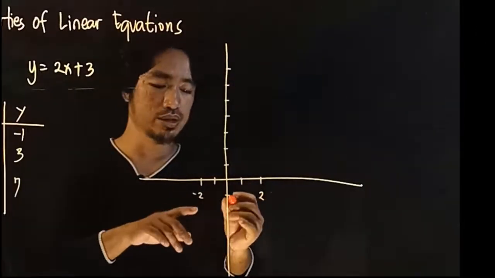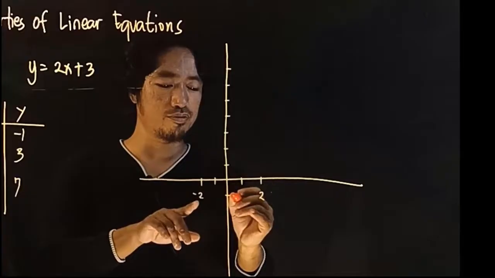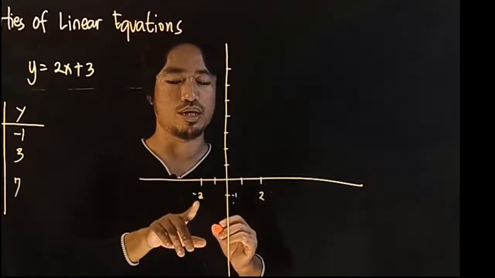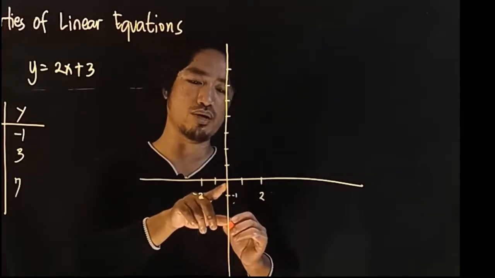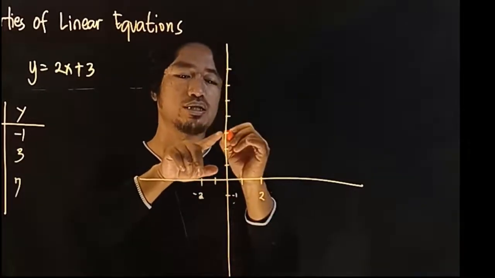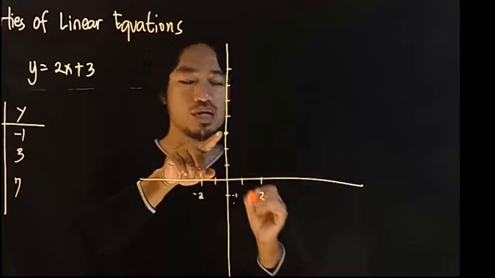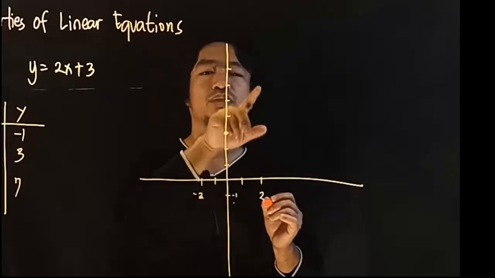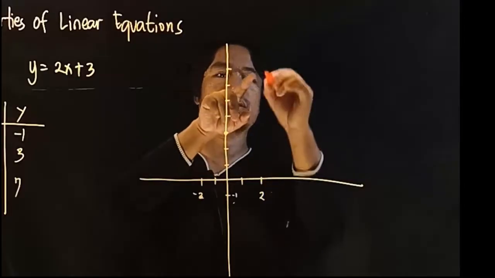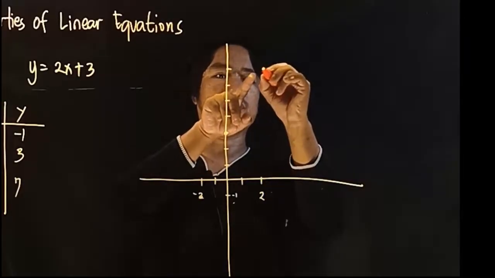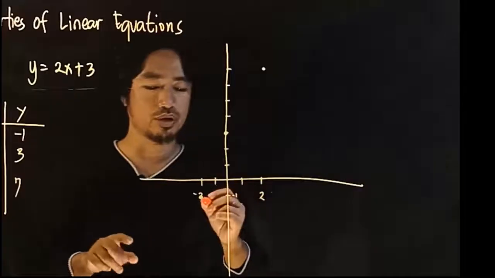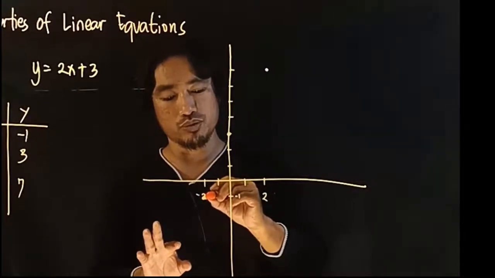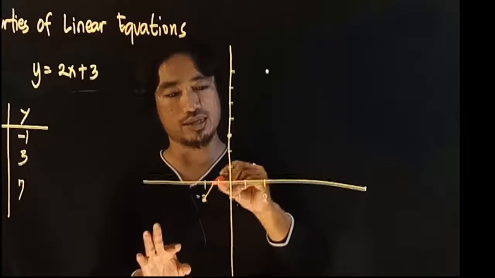So if x equals negative 2, the value of y is negative 1, at this point. And if x is equal to 0, the value of y is positive 3. And if the value of x is equal to 2, y is equal to 7. If we connect these points, we produce a straight line.